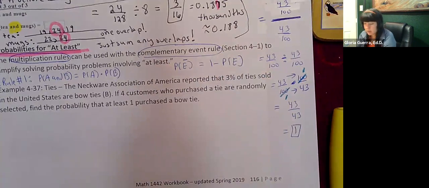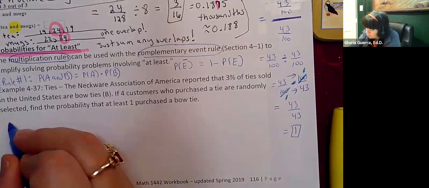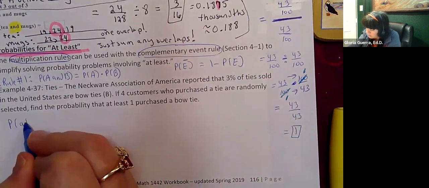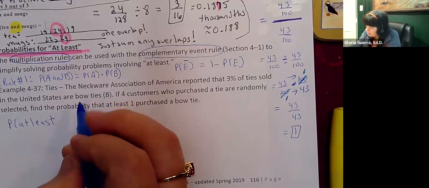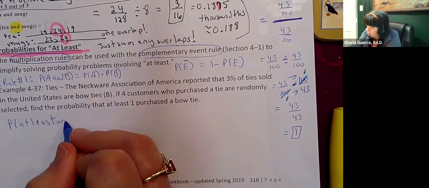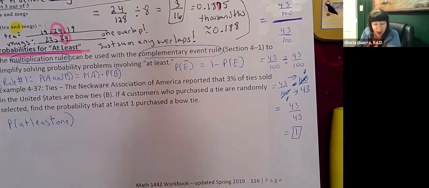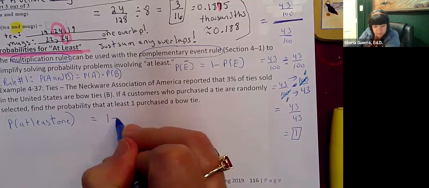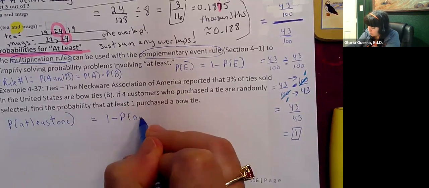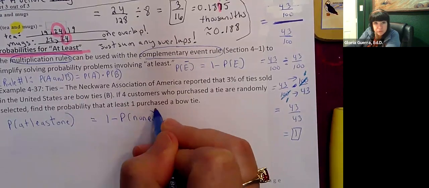And for what they're telling us, probability of at least one would be, here's the formula, 1 minus the probability of none, and that's usually raised to a power.